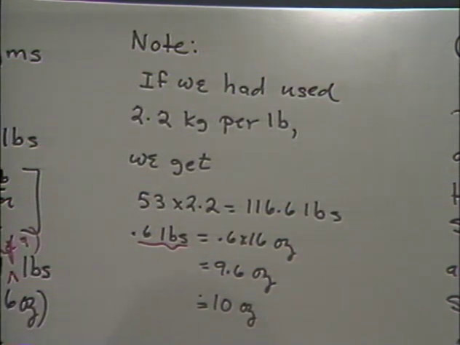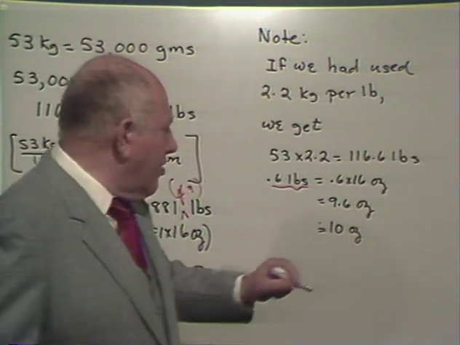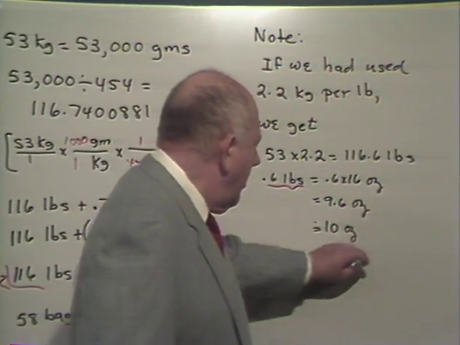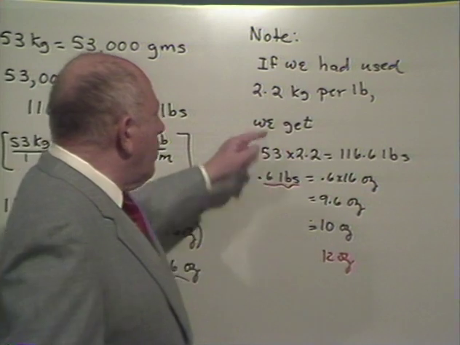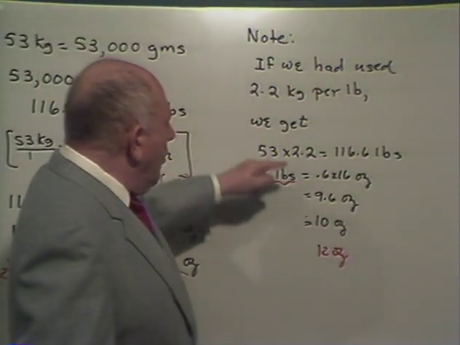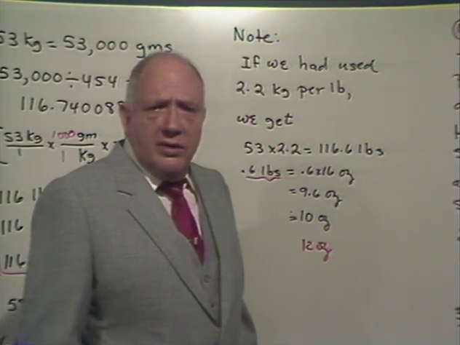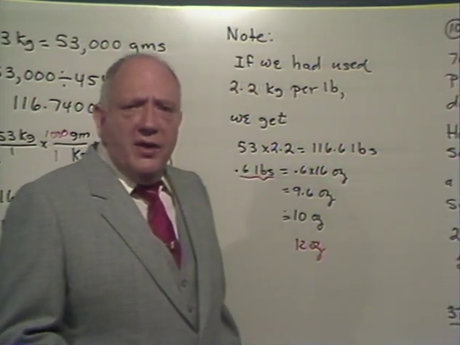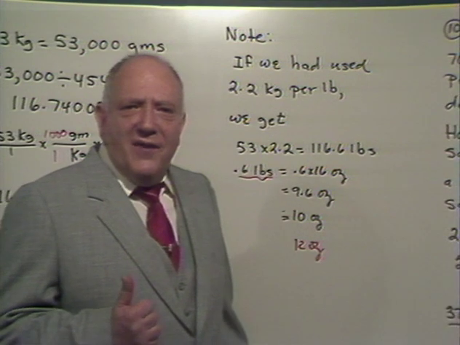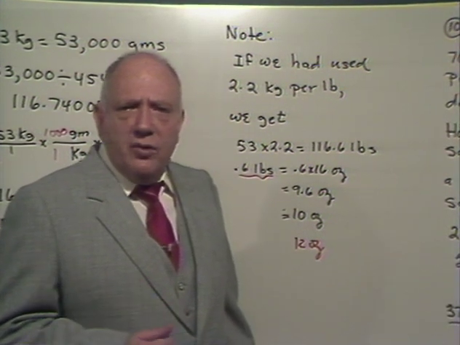That rounds off to what? 10 ounces? But the correct answer was 12 ounces. In other words, with what little bit we threw away, it was enough to cause us an error of 2 ounces in the small amount that we were dealing with. If this had been 53 metric tons instead of 53 kilograms, the error would have been enormous.